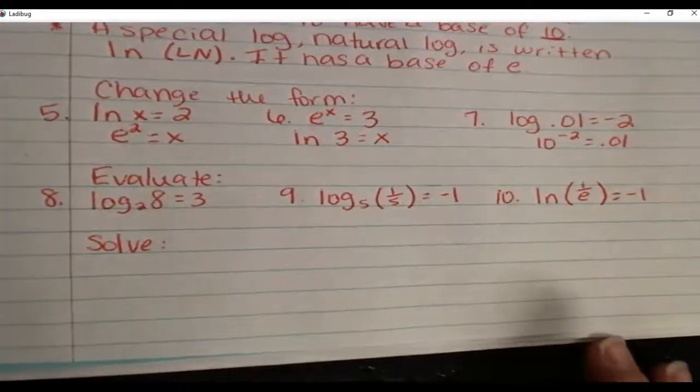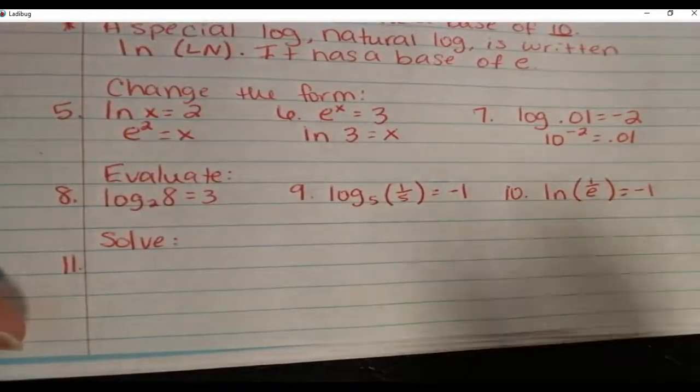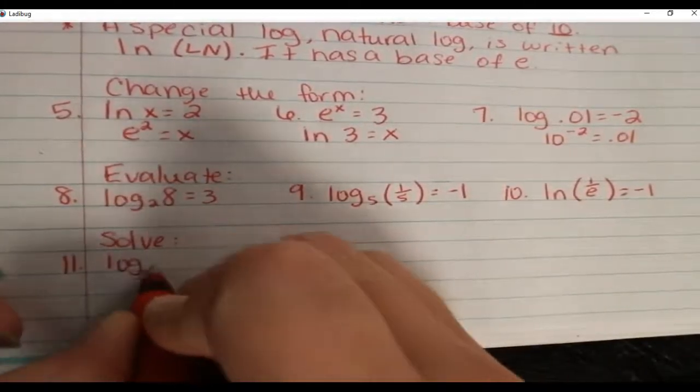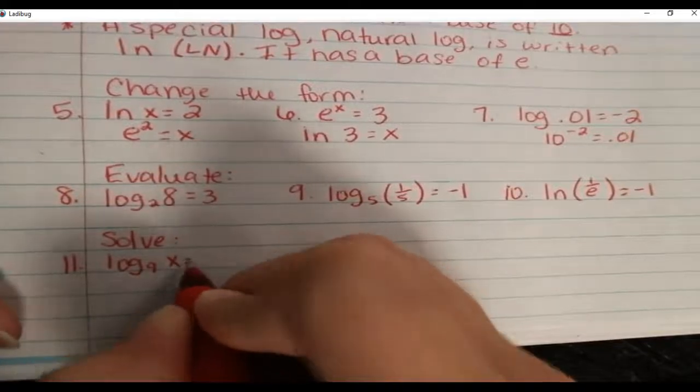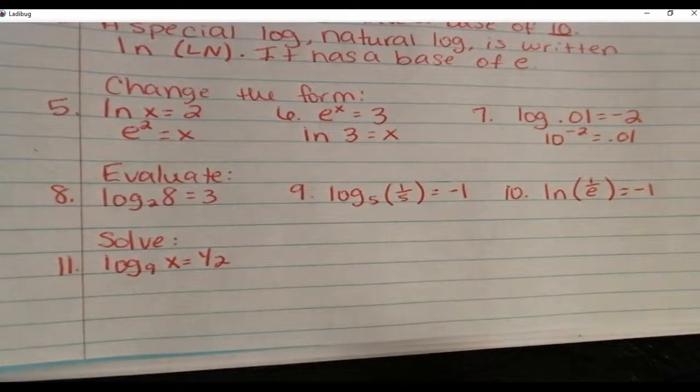Alright, let's solve a few and then I'll let y'all try some. So let's say we wanted to solve the equation log base 9 of x equals 1/2. The first thing we have to do is get the x out of the log.